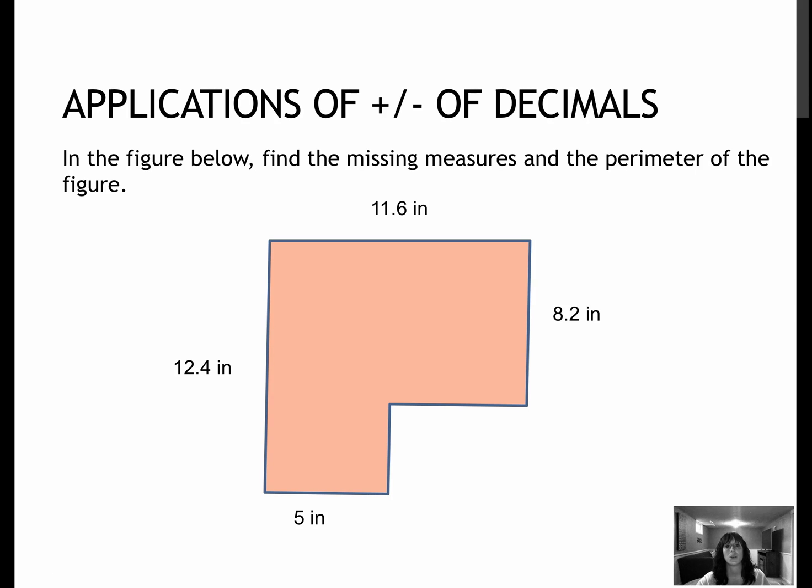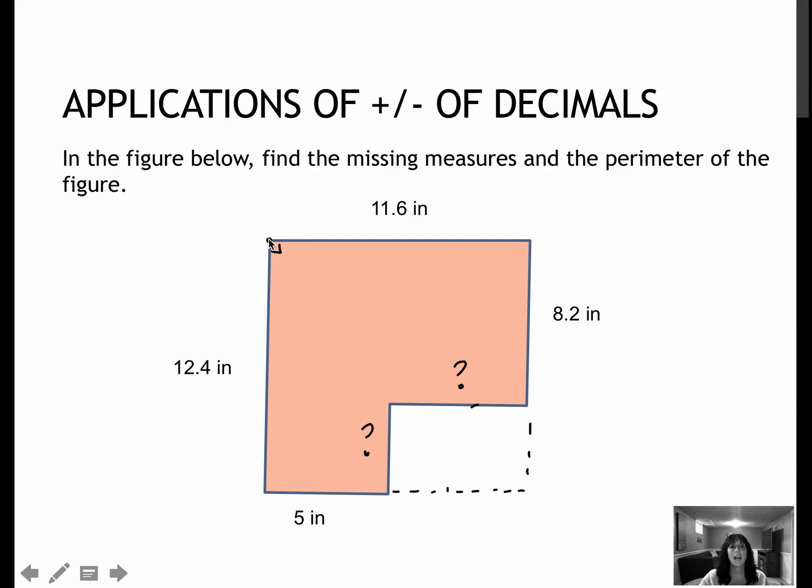Here's another application question. I am trying to find the perimeter of the figure as well as the missing measures. So I can see that I have all these sides, but I don't know what happens here and I don't know what happens here. So let's take a look. I know that if this whole side, and this is a rectangular base essentially, that I'm missing this distance and this distance, but I know that this distance and this distance would be the same because it's a rectangle, and this distance and this distance would be the same because it's a rectangle.